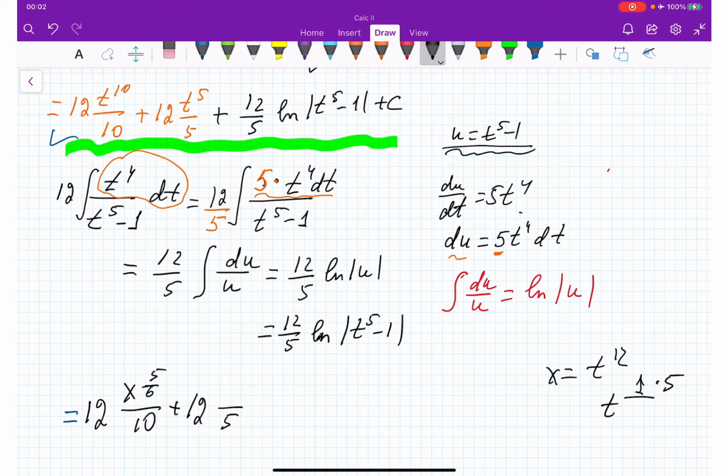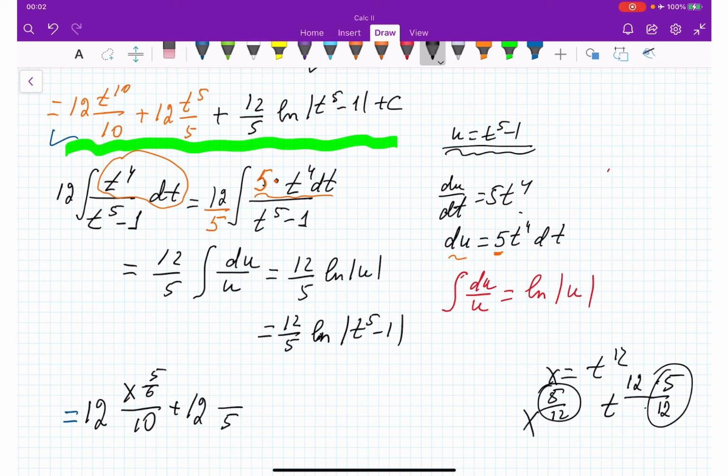How am I going to get 1 from 12? All I'm going to do is take this 12 and divide by 12, right? Which means x also I have to raise to the power 5 over 12. Same fractional degree.